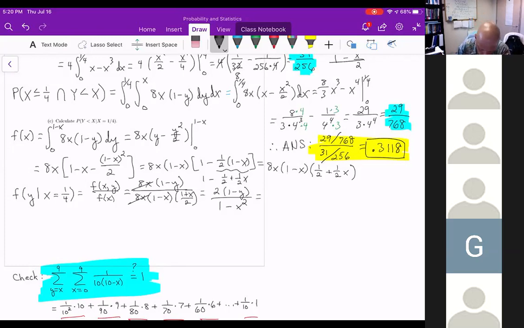So when x is 1/4, we have 2 times 1 minus y, and 1 minus a 4th squared. So that's going to be 1 minus 1/16, which is 15/16. And that means this is going to be 32 over 15 times 1 minus y.